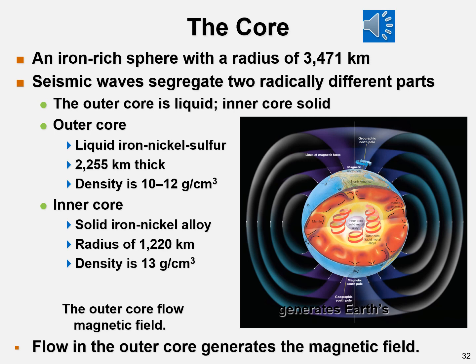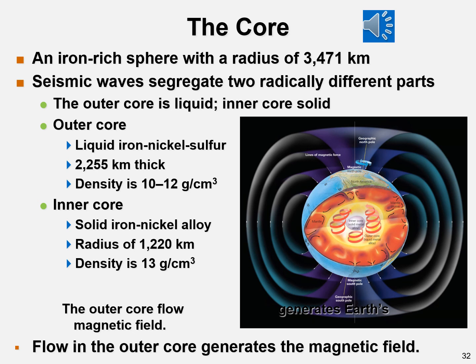The core is an iron-rich sphere with a radius of 3,471 kilometers. The moon's diameter is 3,474 kilometers. Seismic waves separate or segregate the core into two physically different spheres, a liquid outer core and a solid inner core.